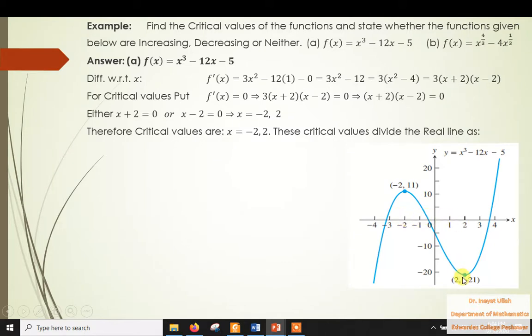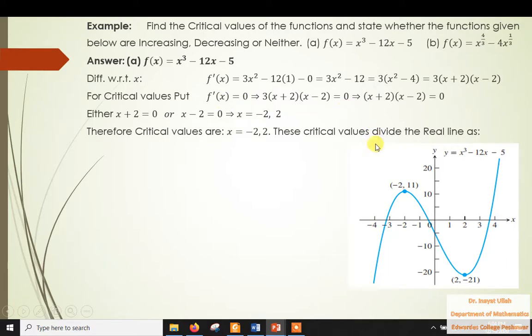And here, for x equal to 2, we have obtained this point, and whenever you draw a tangent line, that tangent line will be parallel to the x-axis. So these two are the critical points, and the derivative of the function at these two points will be equal to 0. That's the idea.